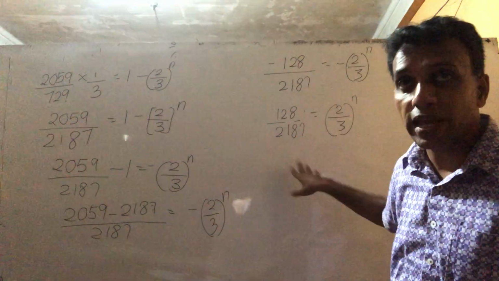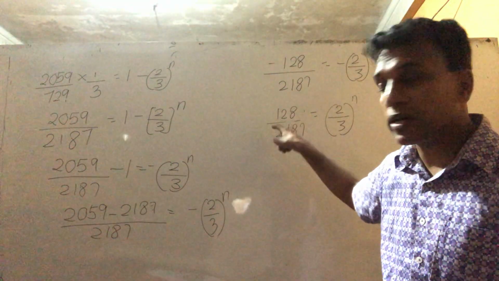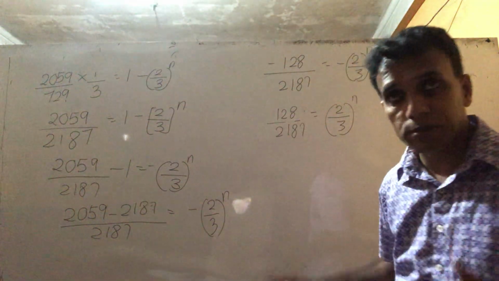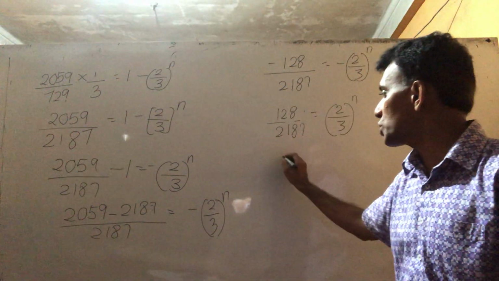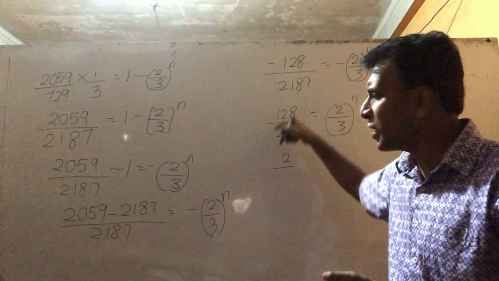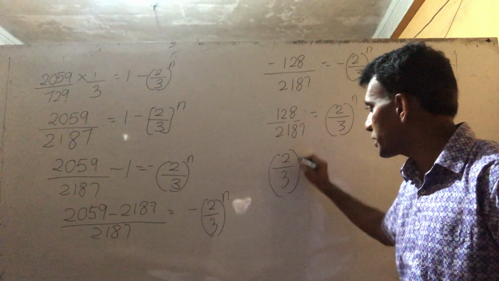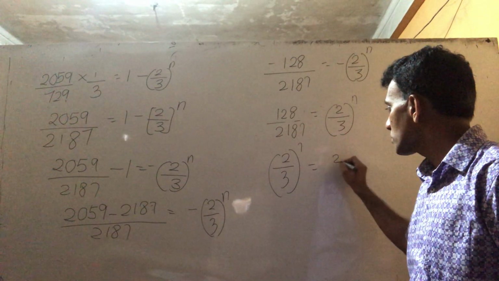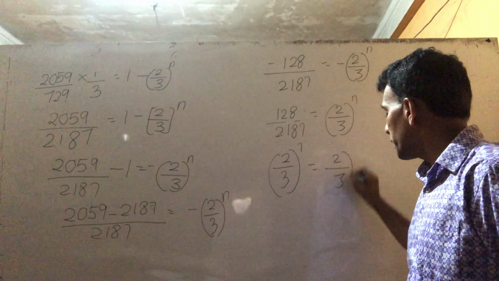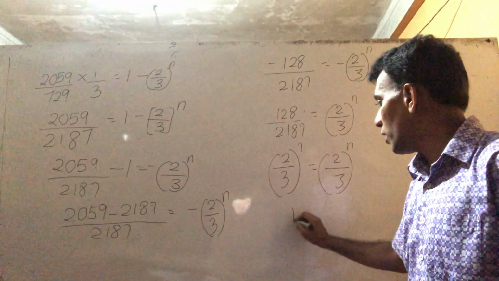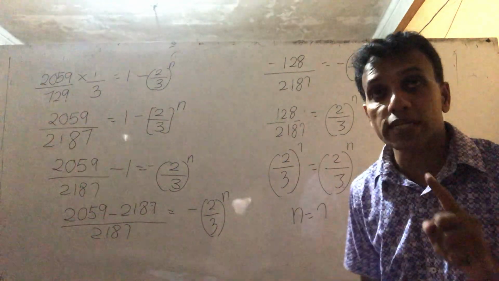Here 5, here 7, like. So 2 to the power 7. Check 3 multiplied 7 times and see this answer comes, right? Here 2/3, therefore this one. If you found the numerator, that's enough. Then you can try 2/3 completely power 7, completely power n. Therefore the bases are same. Power is same. N equals 7.